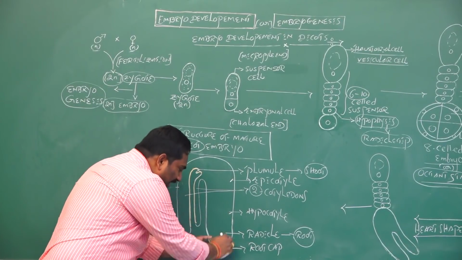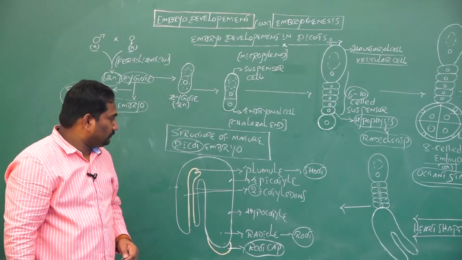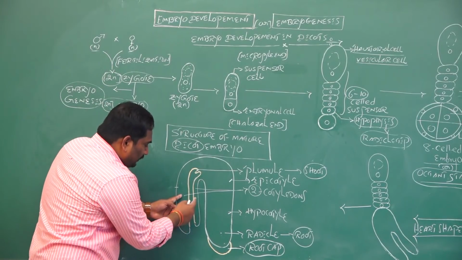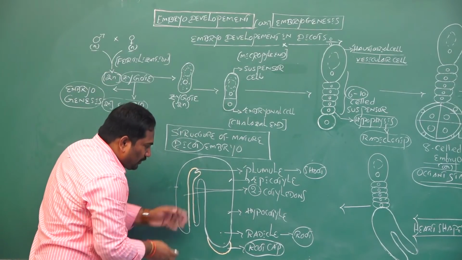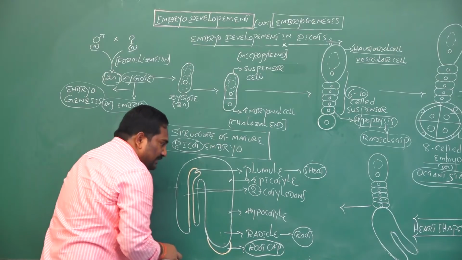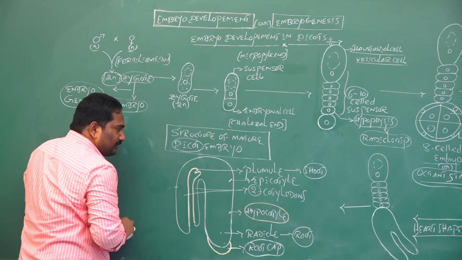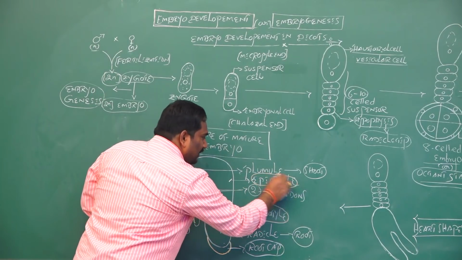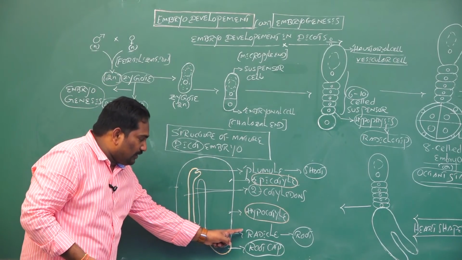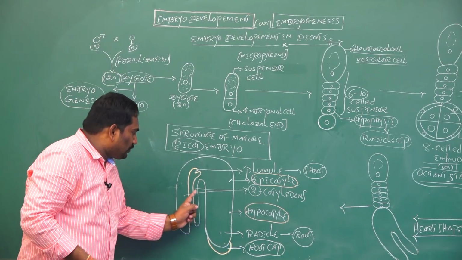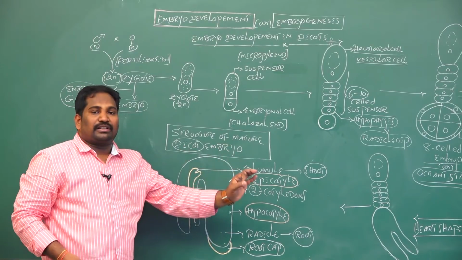The radicle is surrounded by a cap-like structure called the root cap for protection. These are the two cotyledons in the mature embryo. Below the cotyledons, a cylindrical portion is called the hypocotyl. Above these two cotyledons, the portion is called the epicotyl. Plumule, epicotyl, hypocotyl, radicle, root cap, two cotyledons. These are the main labels involved in the structure of the dicotyledon embryo.